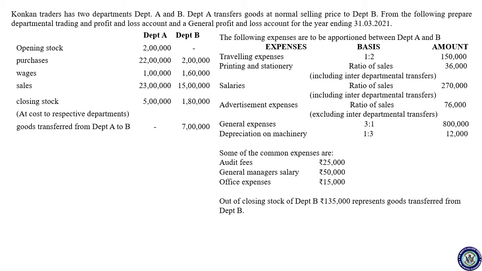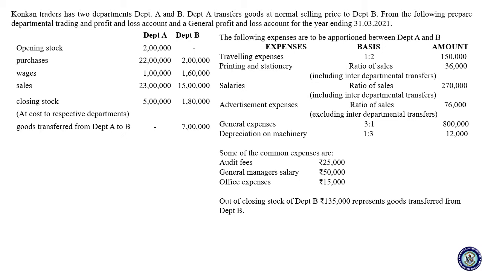In the total closing stock of department B, 1,35,000 worth goods is from the other department, and you know that if there is an interdepartmental transfer that takes place at the selling price in opening stock or closing stock or in both, then you have to calculate the stock reserve. So by calculating the rate of gross profit, you have to calculate the stock reserve.